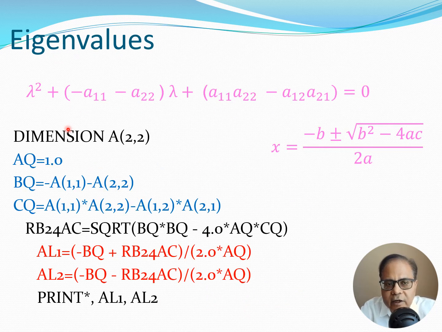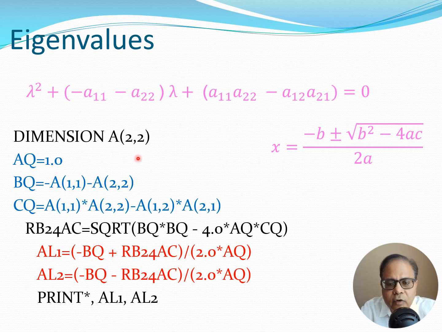So let's do that. I have written out the equation in terms of lambda for the 2 by 2 matrix. Remember that A11, A22, A12 and A21 are the elements of the 2 by 2 matrix. And I'm going to get this equation here, and remember that there is a correlation between a being 1 here, b is this value and c is this value for the quadratic. So let's write this program. I have the matrix of dimension 2 by 2.